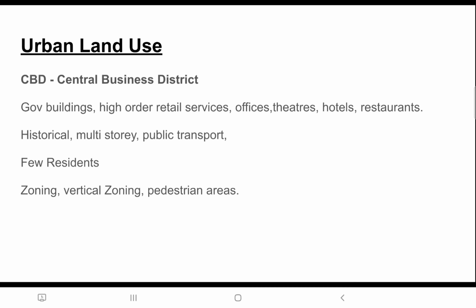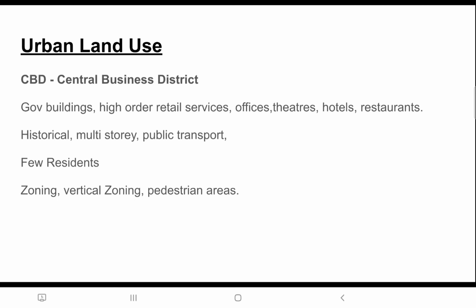So why has the CBD developed? Really because it was the original core of settlement in an area. It's where people originally came and settled down. So it does contain the oldest buildings, and the town then expands outwards from the central point.